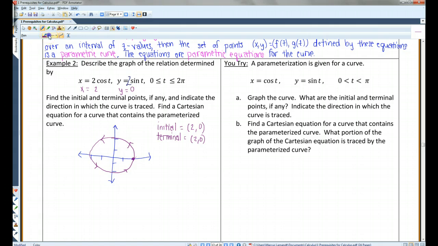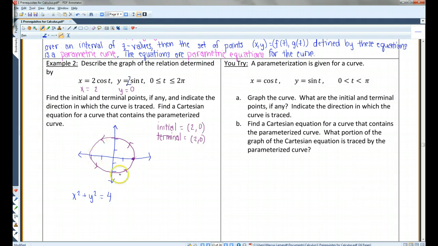Let's find a Cartesian equation for this. If you remember the equation of a circle, the equation of a circle around the origin is x squared plus y squared equals r squared. In this case, the radius is 2, so it would be 4 because 2 squared is 4. This is the equation we should get.